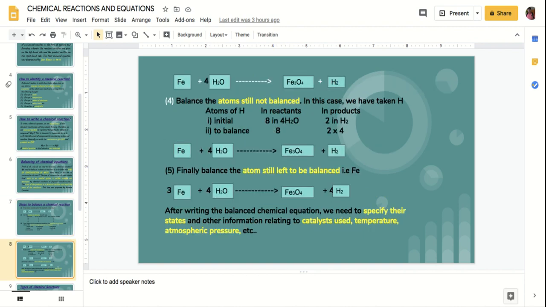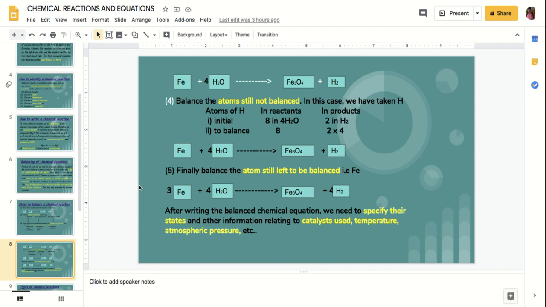Now, Fe plus 4H2O, that is, we have already put this 4 into consideration. We have put this 4 in the place of H2O. Now, what to consider here? We cannot put that 4 as a suffix of oxygen or as a power of oxygen. That is not at all allowed.